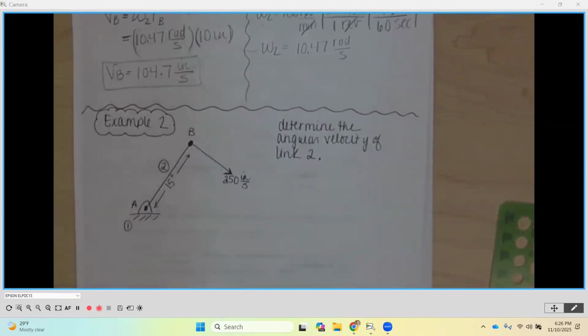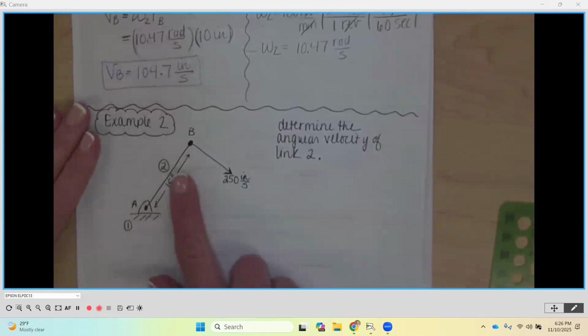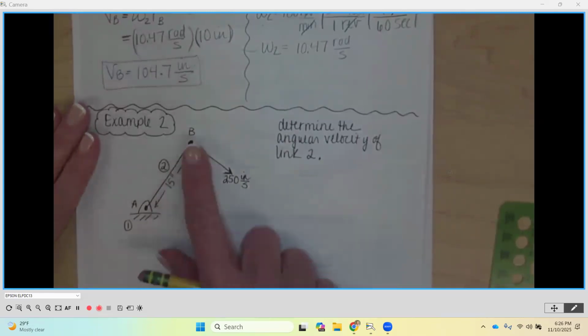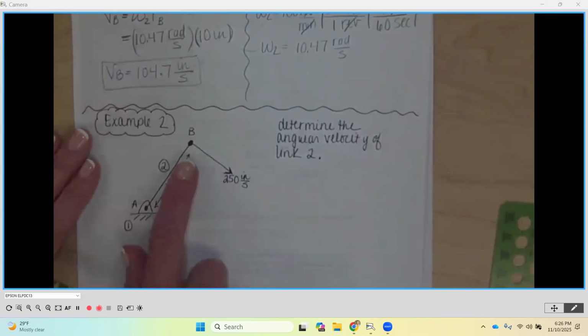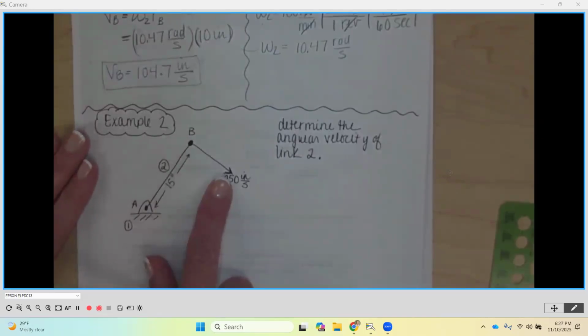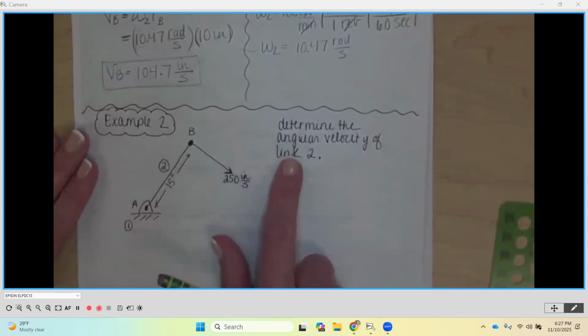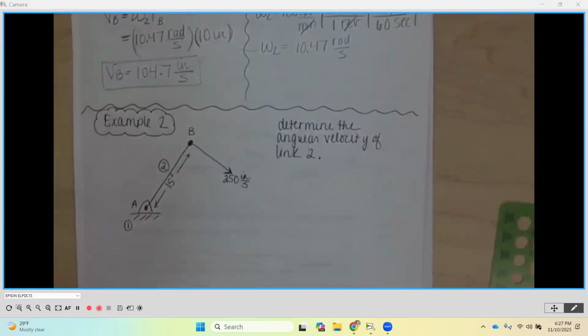All right. Example number 2. We're going to use a similar looking frame and link. Endpoints are the same letters, but this time we're given 250 inches per second on a line with an arrow pointing down and to the right, and we want to determine the angular velocity of link number 2.